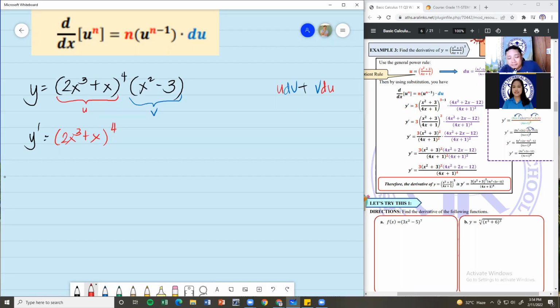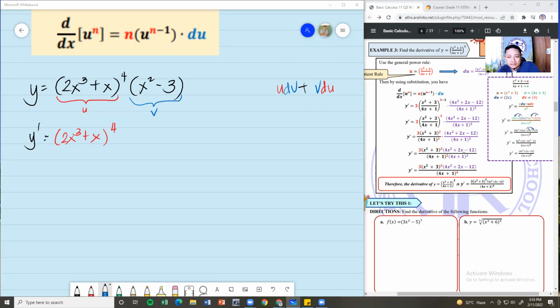Next, dv. In this case, we will get the derivative of x squared minus 3. What's the derivative of x squared minus 3? Type it in the chat box, please. Let me see your answers. Very good. It's just 2x.